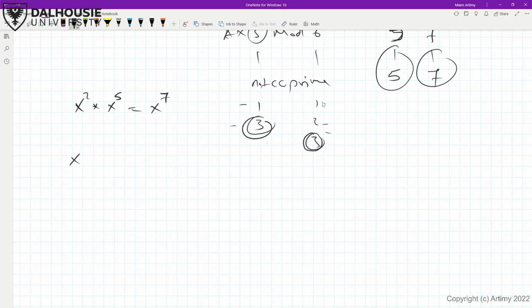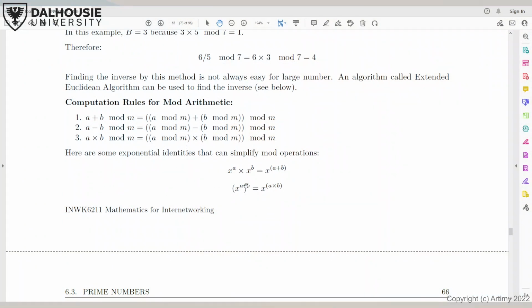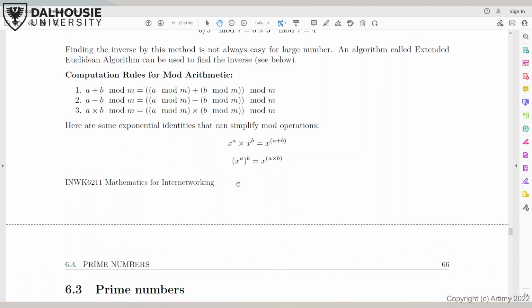And same thing, if I do (x to the power 2) to the power 5, that's x to the power 10, right? Multiply 2 by 5. So keep that in mind when you do these operations, because sometimes we need to simplify the modular arithmetic, and we need to use these identities to solve some of the complex problems, especially the ones that you cannot handle using a calculator. So we need to simplify it a little bit.